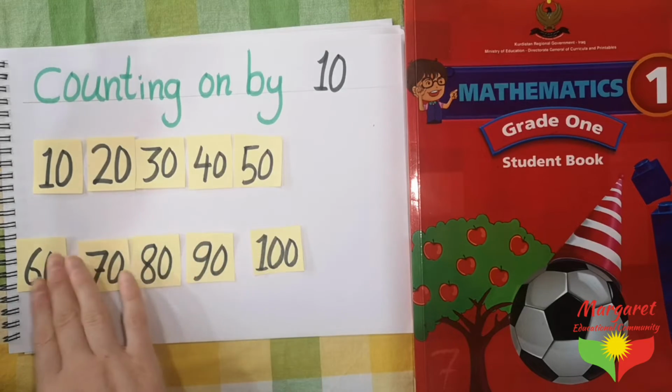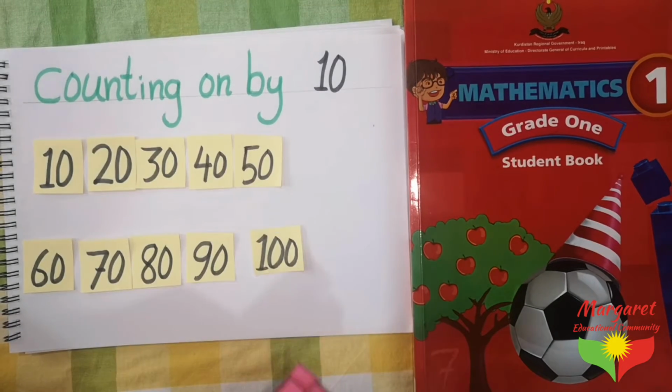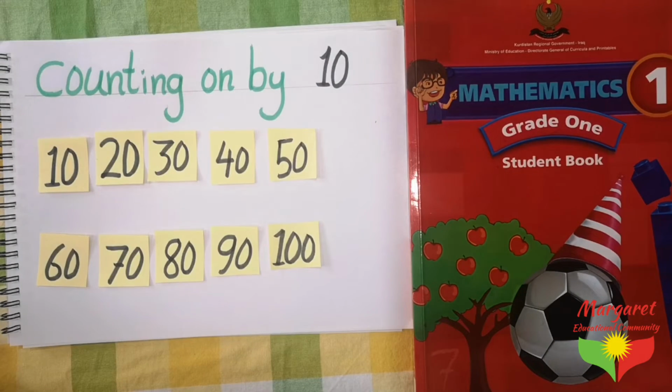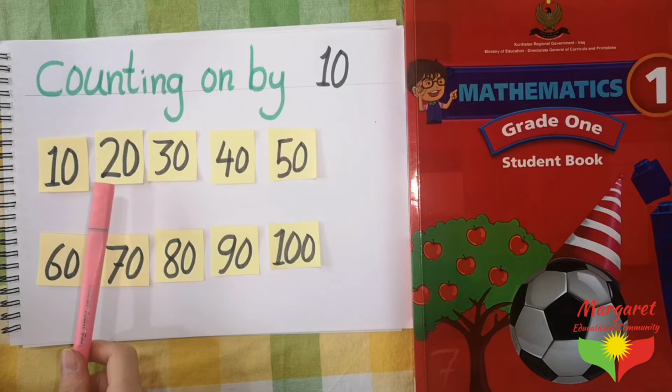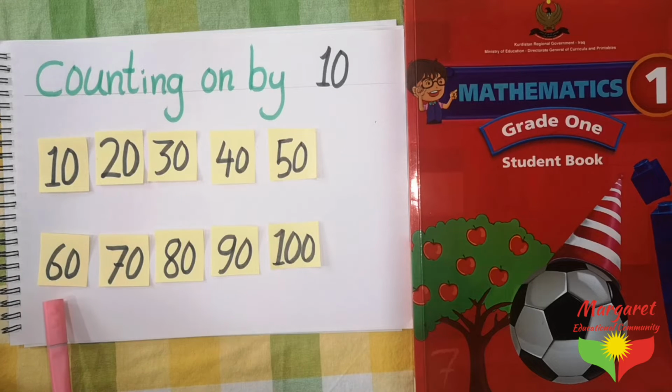So there are 10 tens. Let's count by 10. Say with me. 10, 20, 30, 40, 50, 60, 70, 80, 90, 100.